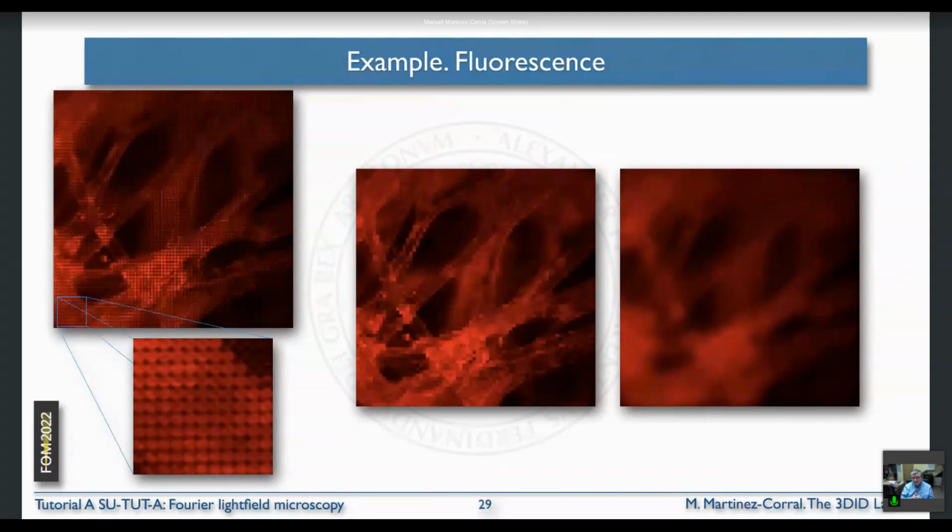This is one example, but whatever example you look for in the literature, you find this resolution loss of about 10. So no more can be made in the image capture here. I'm showing here one example made in our lab. We have a fluorescence experiment.